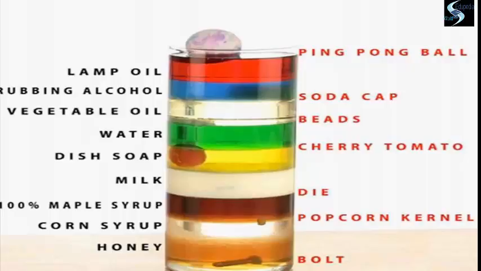Then we can see the honey. The density of the honey is higher than the corn syrup, and the corn syrup density is higher than the popcorn kernel or milk. The higher you go in this picture, you get the idea of the lesser density substances. You can see the ping pong ball has a much lower density than the iron bolt.